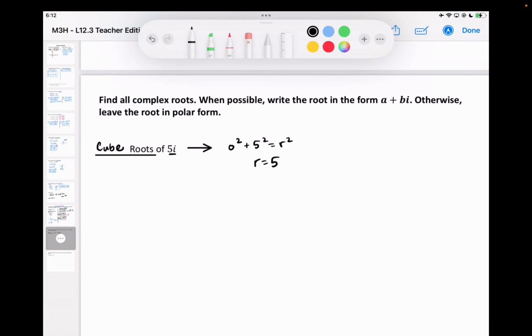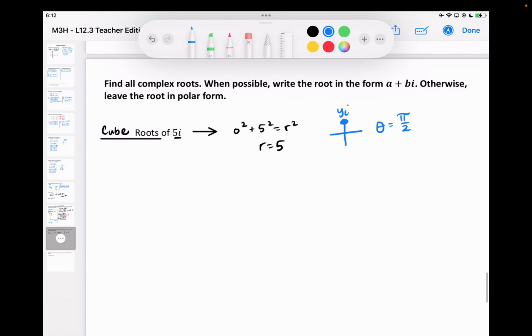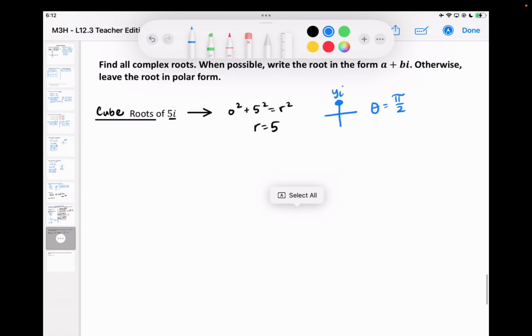The angle in this one I actually really love. It's pretty easy. Remember, the y-axis is the imaginary axis, so our point will be on the positive y-axis, so it's an angle of pi halves. And one more little note before we start, because we're looking for cube roots, we're going to have 3 answers.